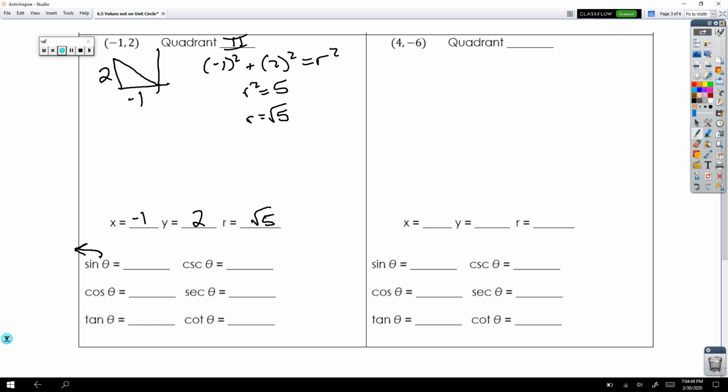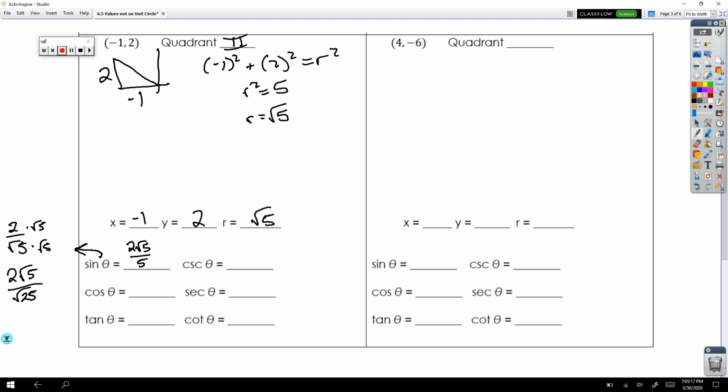Sine is going to be y over r, so I would have 2 over the square root of 5. Now, to rationalize that, I'm going to multiply top and bottom by square root of 5. So that would give me 2 root 5 on top, and on bottom, I would have the square root of 25. Square root of 25 is 5. So sine of theta rationalized would be 2 root 5 all over 5.